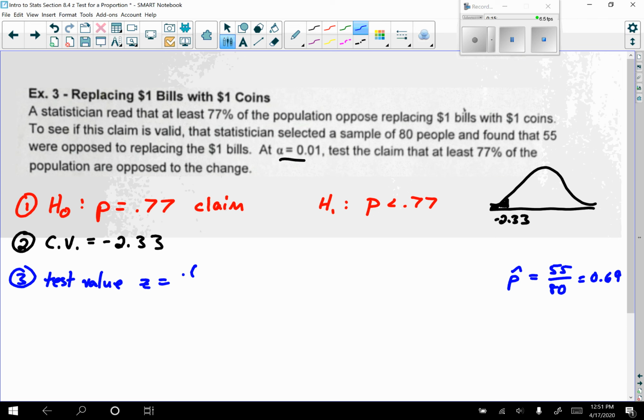Then this becomes 0.69 minus 0.77, over the square root of 0.77 times 0.23 divided by 80. Go ahead and pause this to calculate it, but you should be getting negative 1.70. It is coming up to the right of the critical value, which tells us we do not reject the null hypothesis.